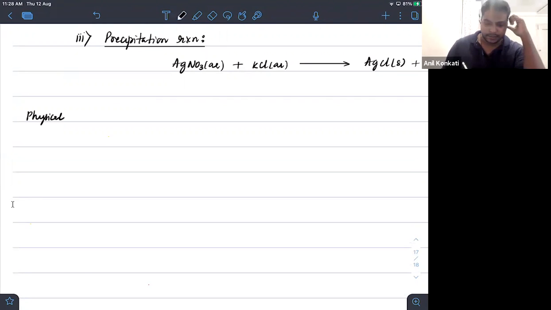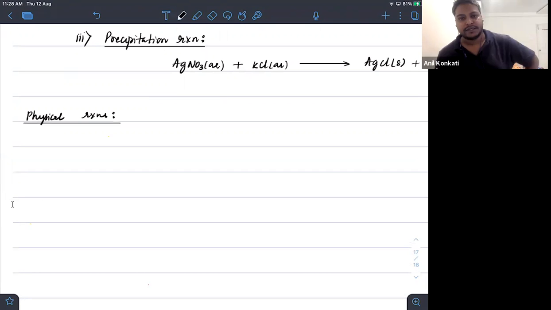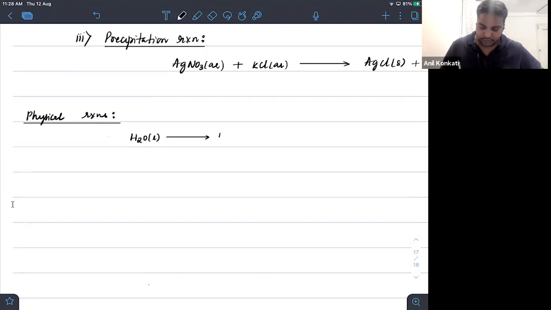Physical reactions. Physical reactions means reactions where there is only a change in the state. For instance, if you take H2O liquid and I'm converting that to H2O gas, which means water को water vapor में convert करती है.